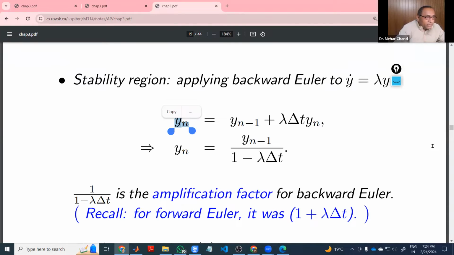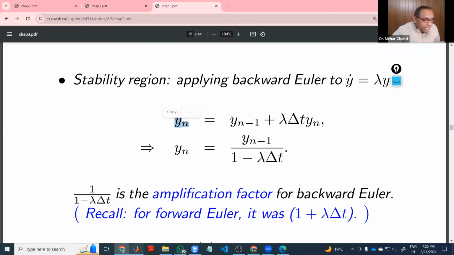So 1 upon 1 minus lambda delta t is the amplification factor for backward Euler, and in the case of forward we have 1 plus lambda delta t. This will help us convert any problem to implement the backward Euler method. We need to keep in mind both types of expressions so that we can easily convert and use one of these two equations.